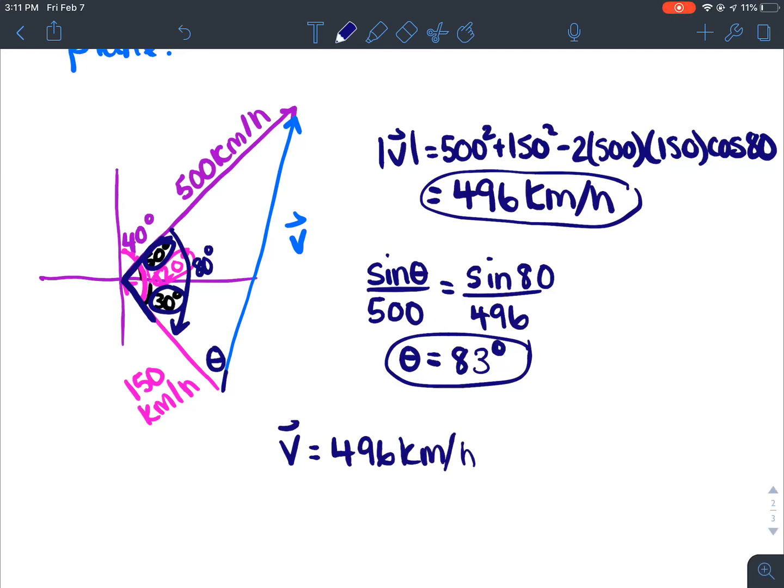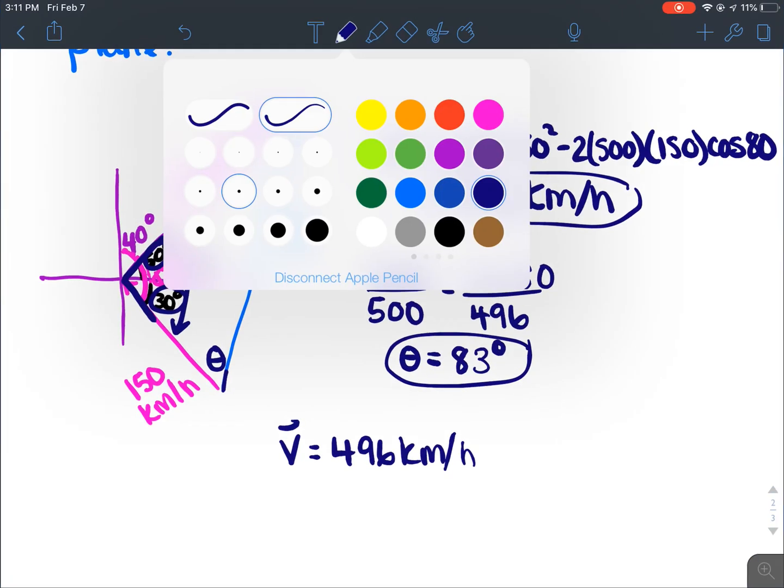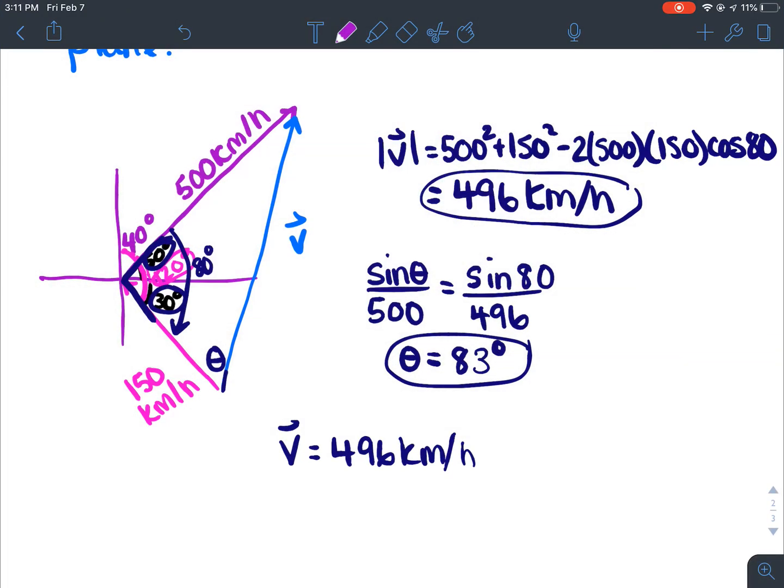Oh, and it would be good if we could say this 83 degrees in a way that makes sense. That's going to be the tricky part. Okay, let's figure this out. How are we going to figure out how to say this?